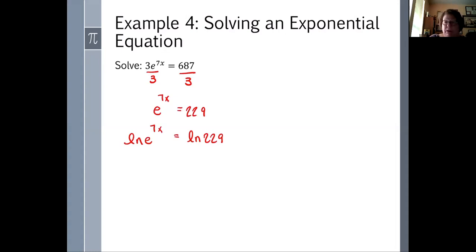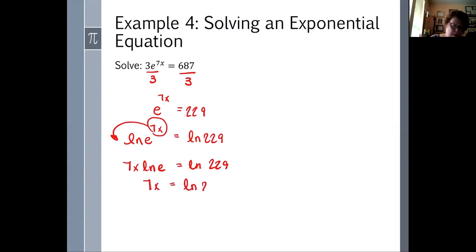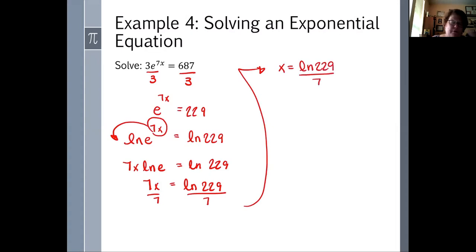Or using the power rule, I can take this out and the natural log of e is 1. All right, now to solve for x, I need to divide the natural log of 229 by 7. And I get x equals the natural log of 229, the whole thing divided by 7.